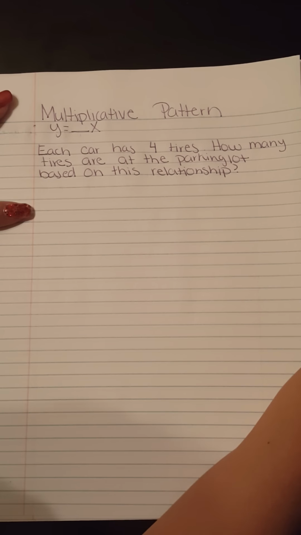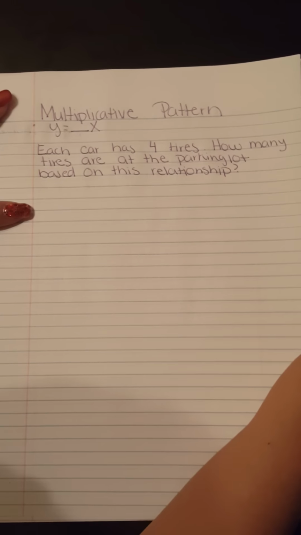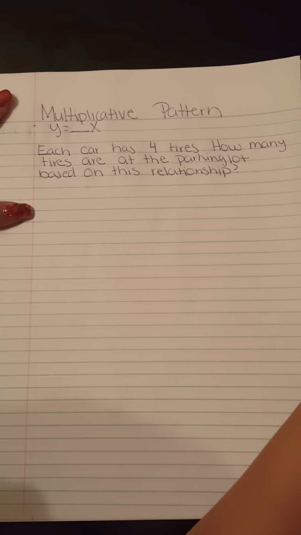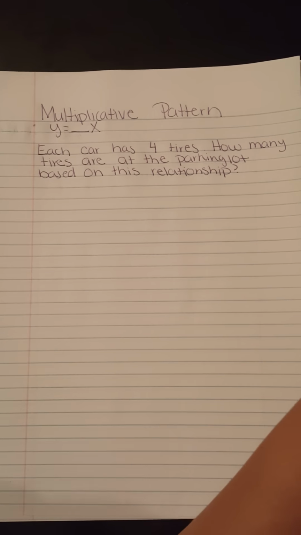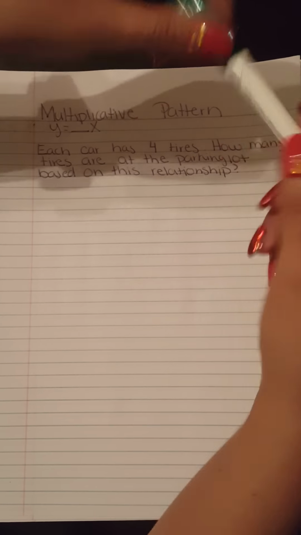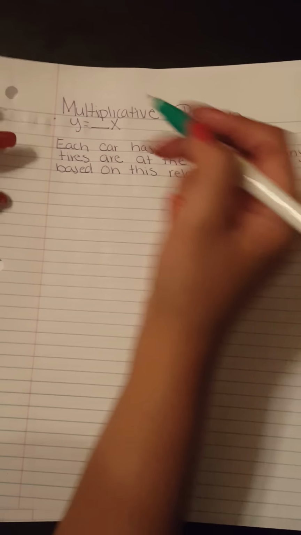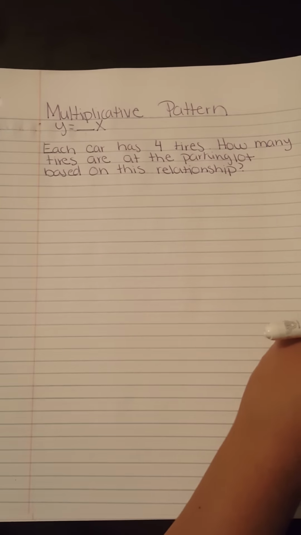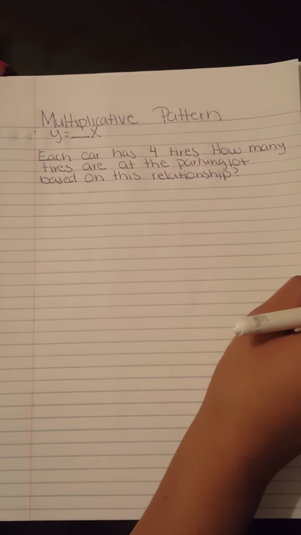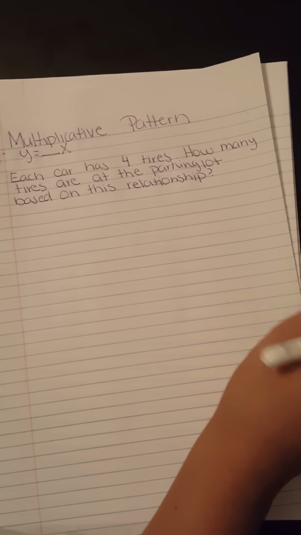To be able to know whether this type of pattern is going to be multiplicative or something else, the first thing you need to do, boys and girls, is to find the action word. Can you all find the action word? Which word in there tells you that this is multiplication?